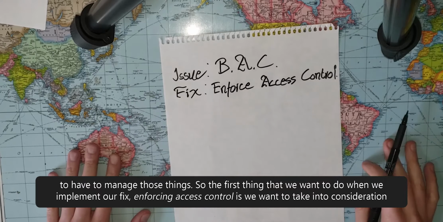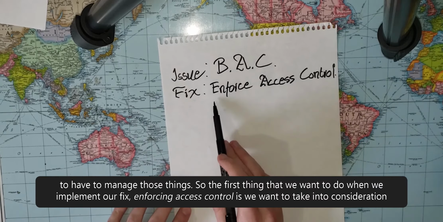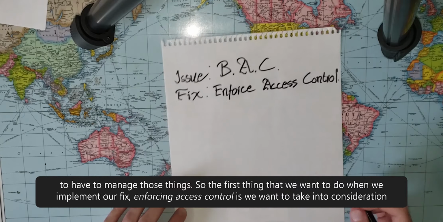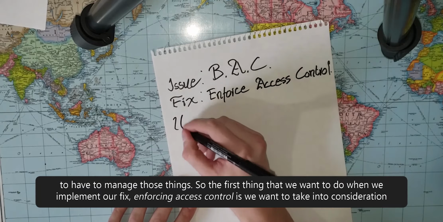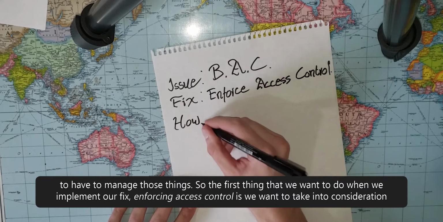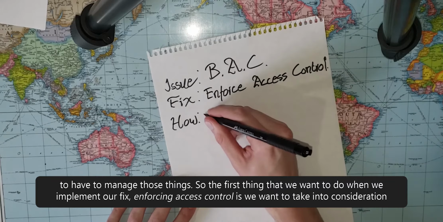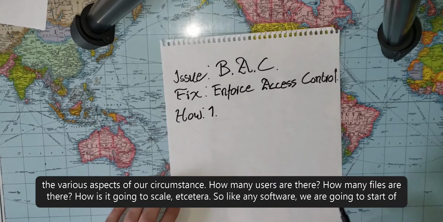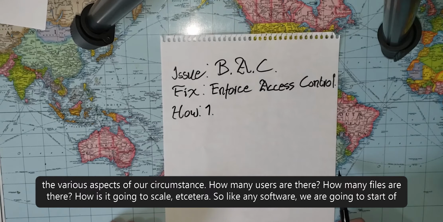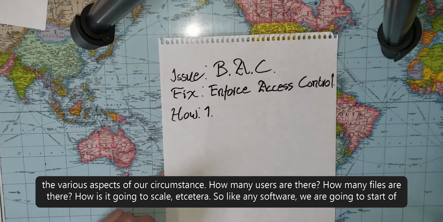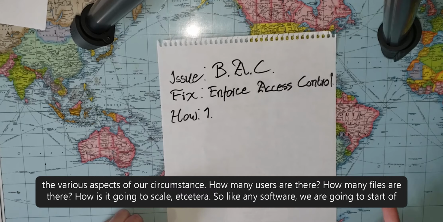So the first thing that we want to do when we implement our fix enforcing access control is we want to take into consideration the various aspects of our circumstance. How many users are there? How many files are there?